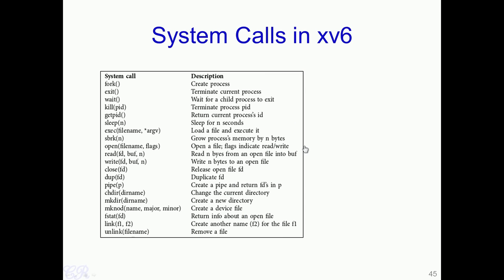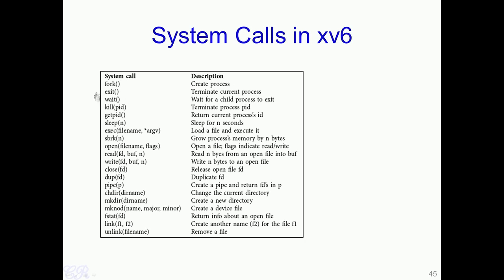Now, typically operating systems support several different types of system calls. This particular table shows the various system calls supported by xv6. In a previous video we had seen some of them. For example, we had seen fork, exit, wait, and so on, and you are also familiar with several other system calls such as open, read, write, close, change directory, make directory, and so on.